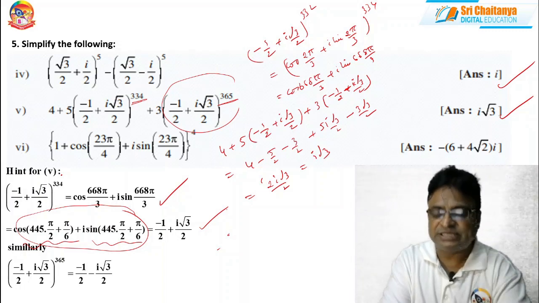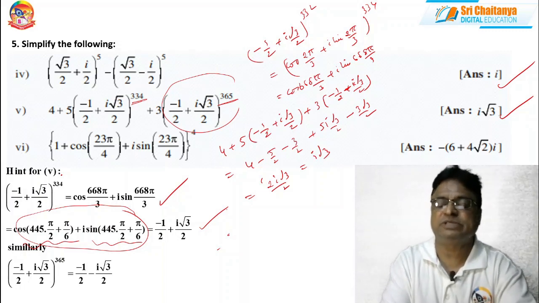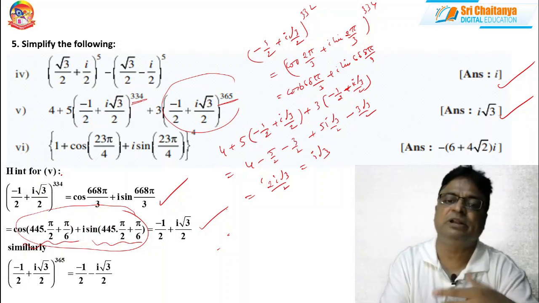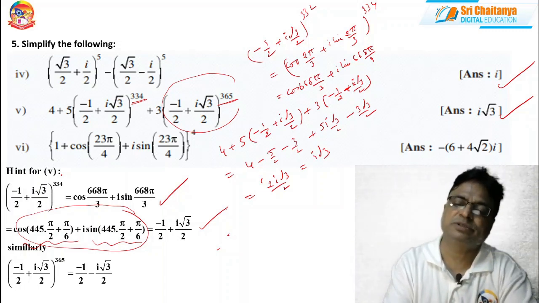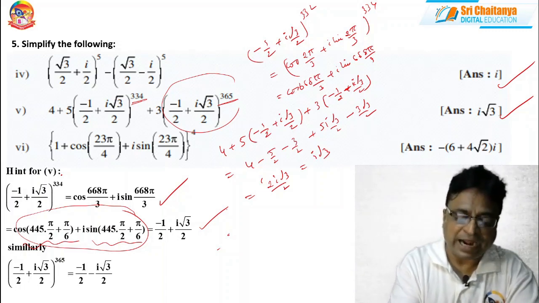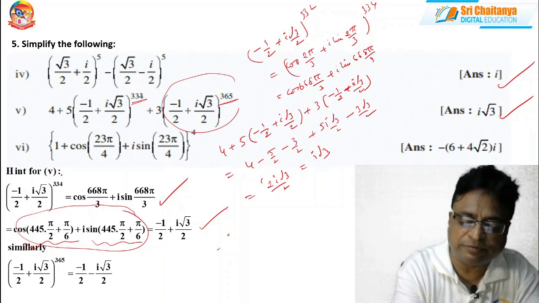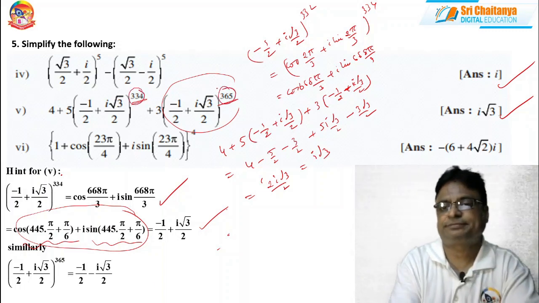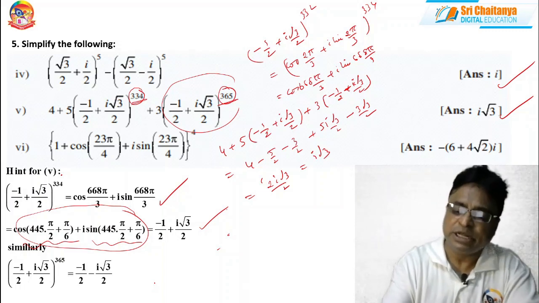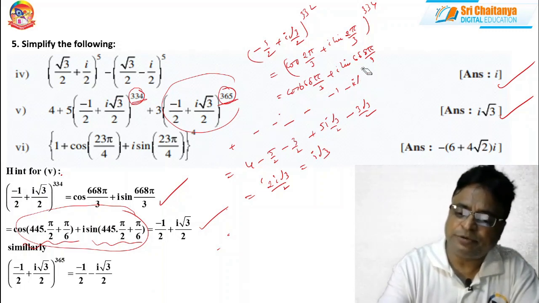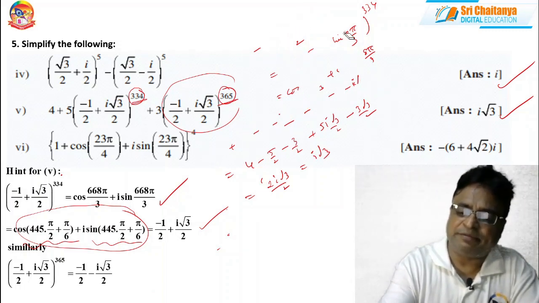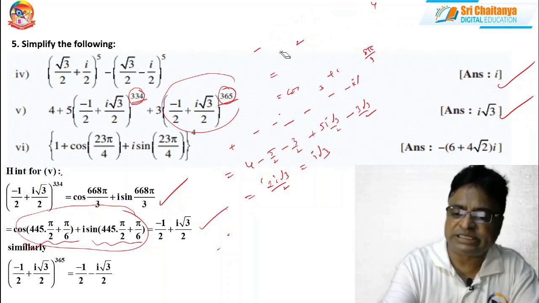Otherwise, these problems take time and you will sometimes lose marks also. And the important point is, don't get confused. Here it is 334 and it is 365. Okay, my friends.